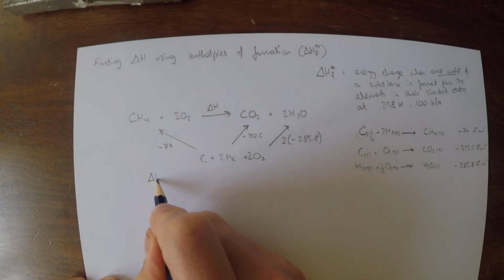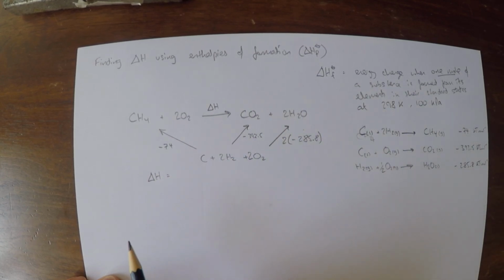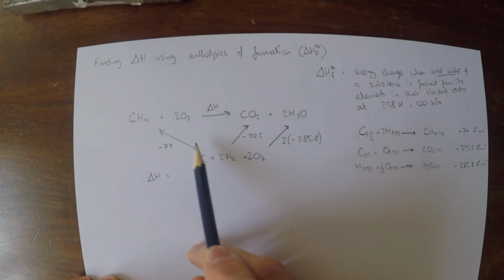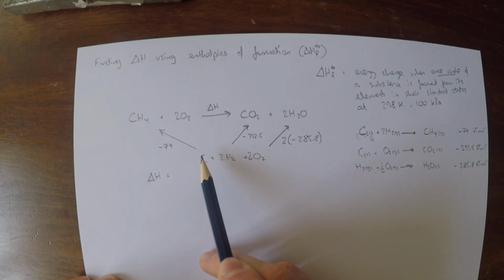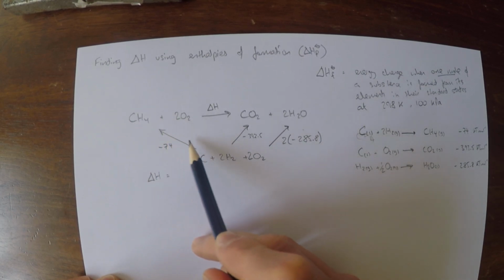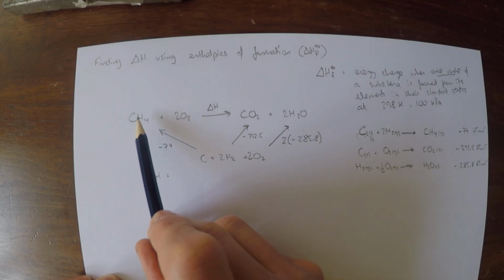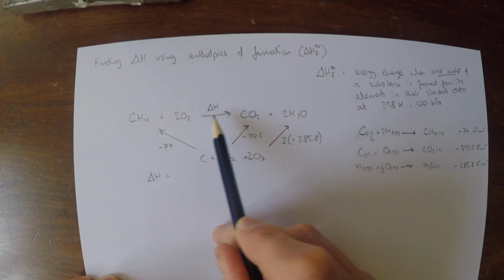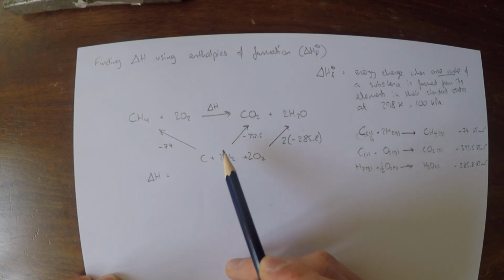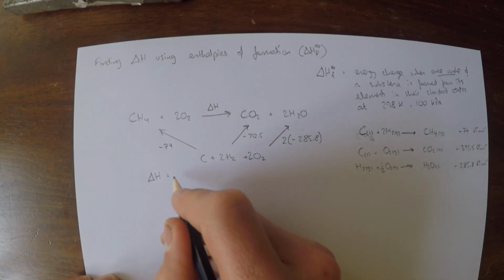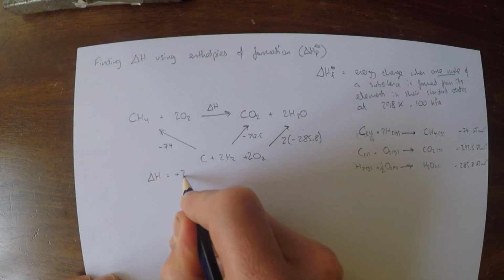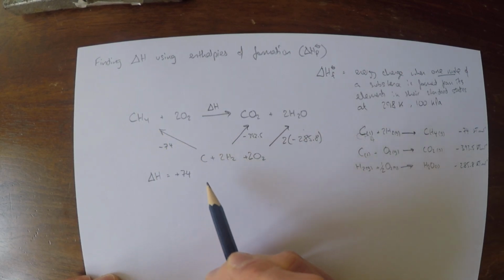So overall, for the enthalpy change of the reaction we are given, the arrow for the formation of methane is pointing the wrong direction for our energy cycle. In the energy cycle, the arrows must follow the original arrow, so this arrow is going to have to reverse direction. So we're going to have positive 74 as we're going the other way.